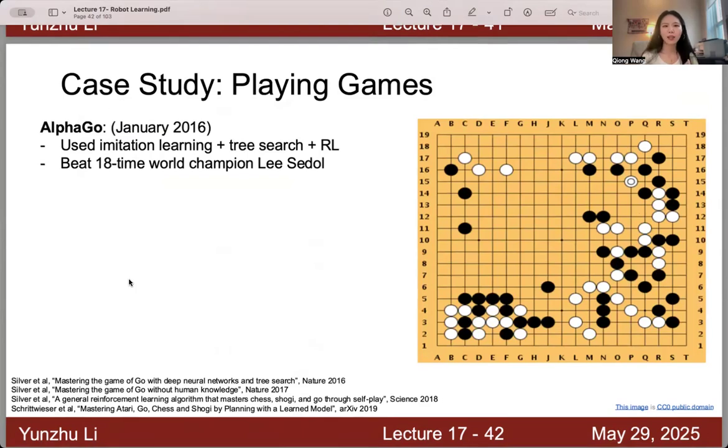This is a case study of playing games. This is AlphaGo, which came out in January 2016.